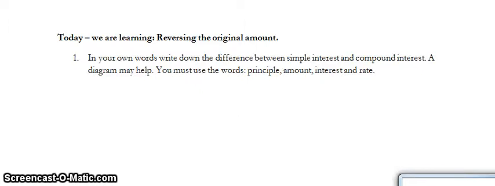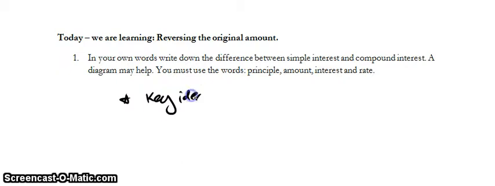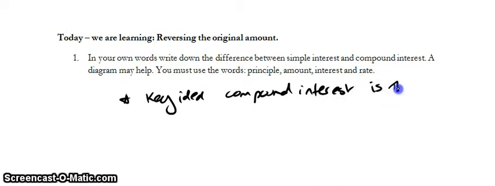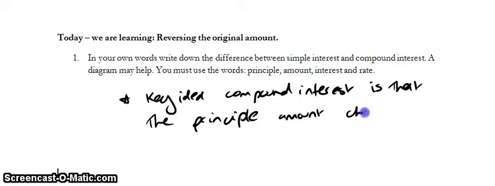Okay, so we've done simple interest and we've done compound interest, and we discussed previously that the key idea for compound interest is that the principal amount changes.